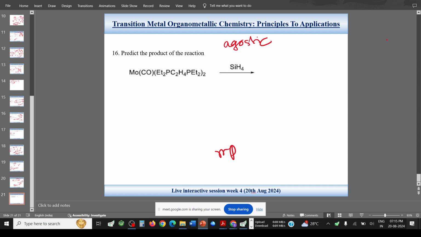But for this reaction we have a product for which we have the crystal structure. That means the product is structurally characterized, so we can say that agostic interaction must happen in the system to get this type of product.